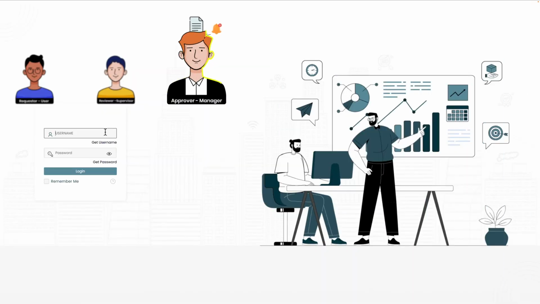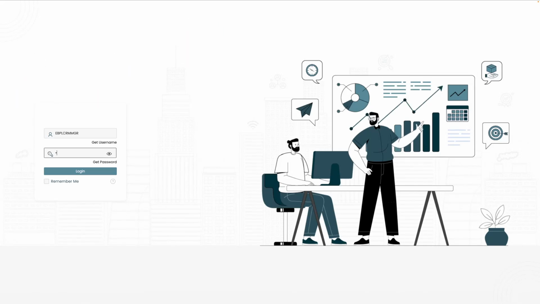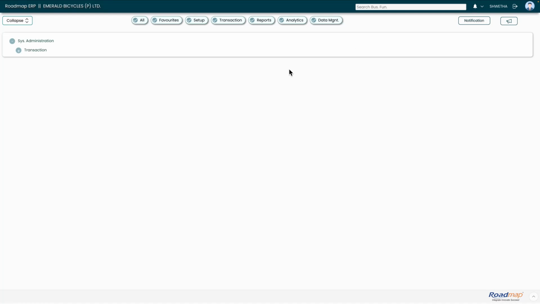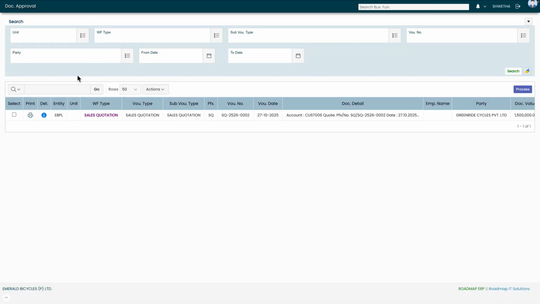Now let's log in as our manager. This is the login page of our manager. Now click on this bell icon, go to approvals. The document is waiting here, and you click on this detail icon.